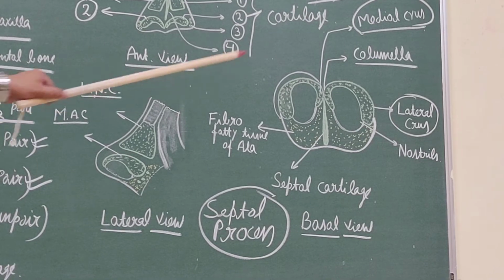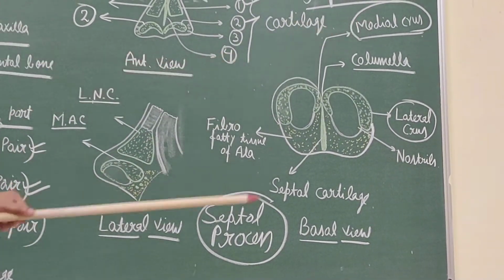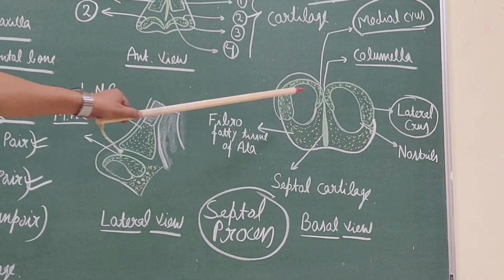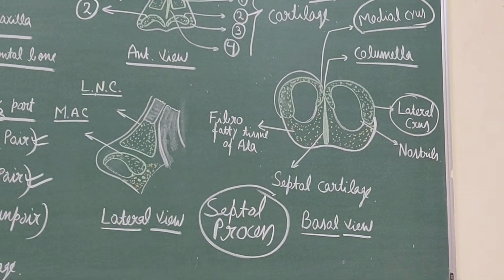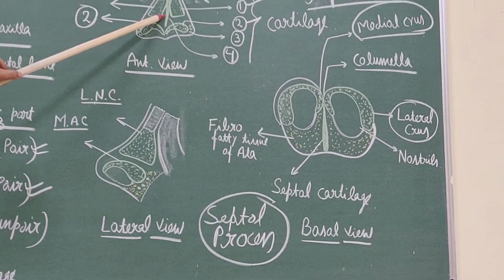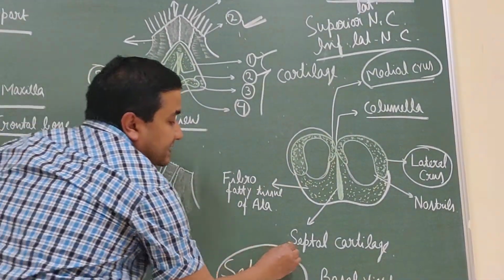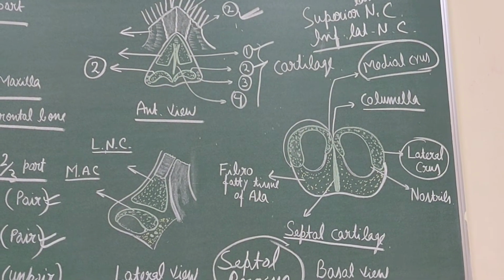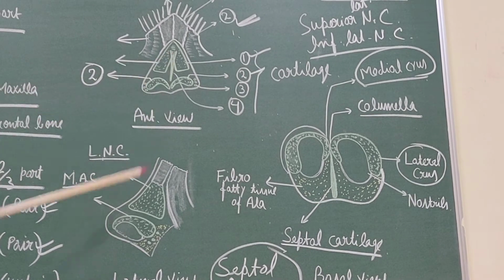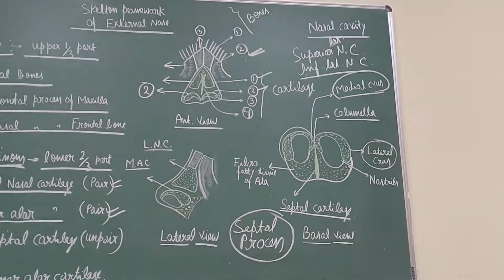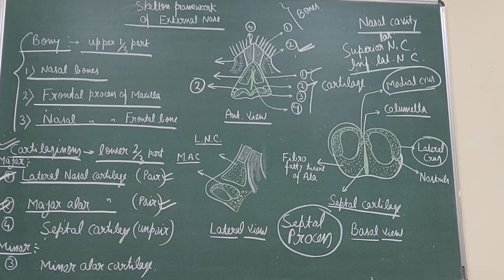So this medial crus of the two sides unite by the fibrous tissue and comes in contact with the unpaired cartilage, that is the septal cartilage, and they participate in the formation of the nasal septum. Nasal septum, discussed later, divides the nasal cavity into two halves.